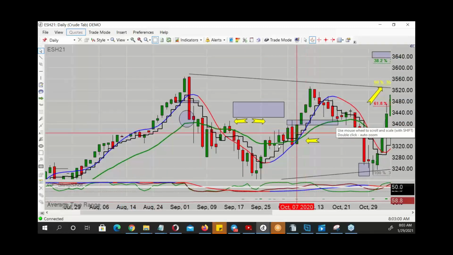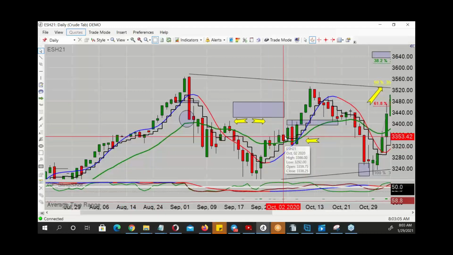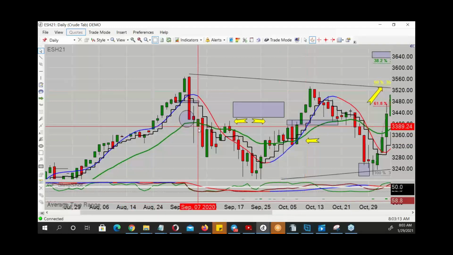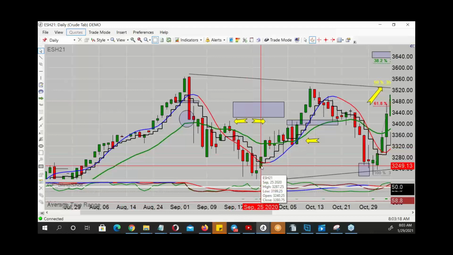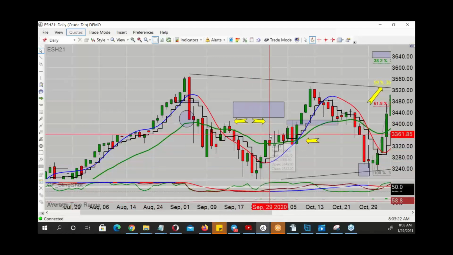When price crosses above this green line, that's bullish, hence the name bull bear cross. When price gets above that green line, we're bullish, we anticipate higher prices. When price gets below that green line, we're bearish, we anticipate lower prices. Bull bear cross, okay?